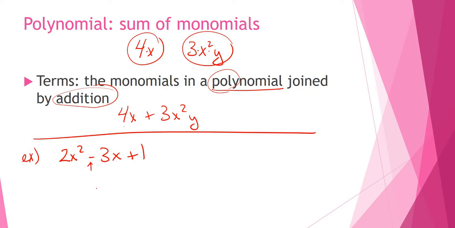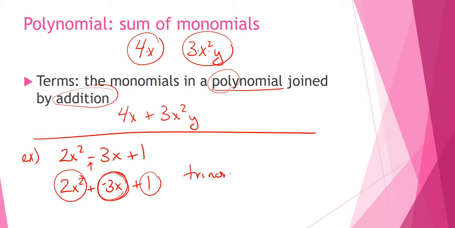This is a subtraction sign. I still have three terms, but my middle term is negative 3x. So although it is joined with subtraction, if I change it to addition, I now know that my terms are 2x squared, negative 3x, and 1. It is a trinomial, three terms. Two of the terms are positive, one is negative.